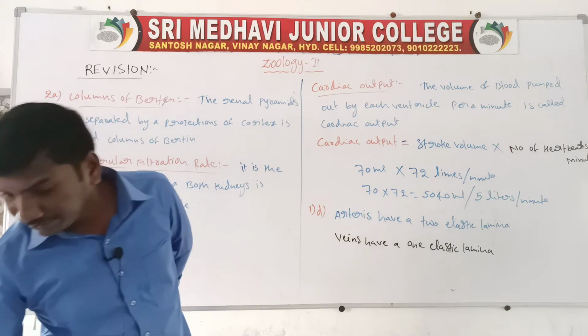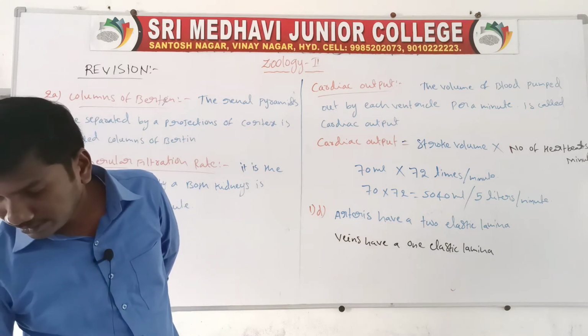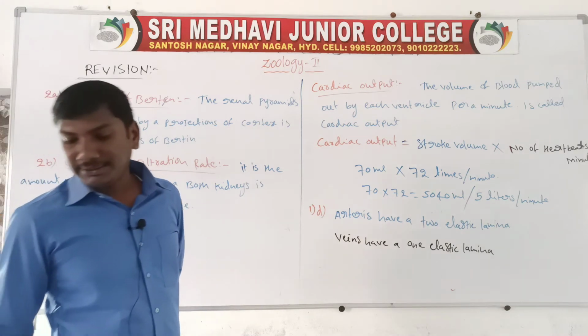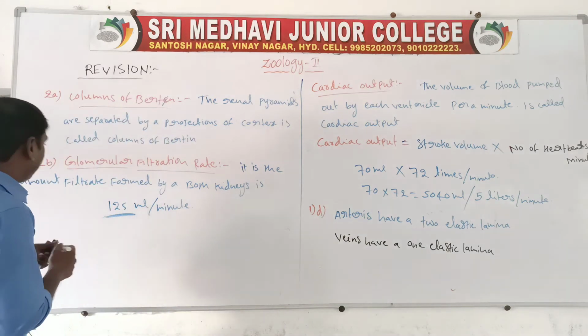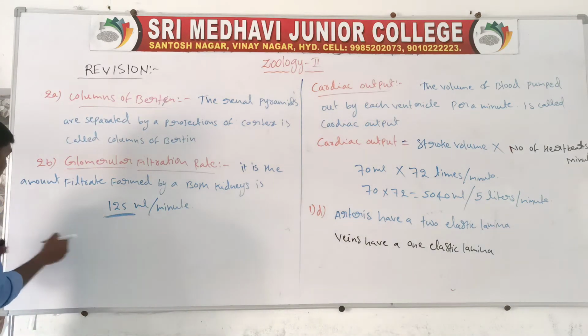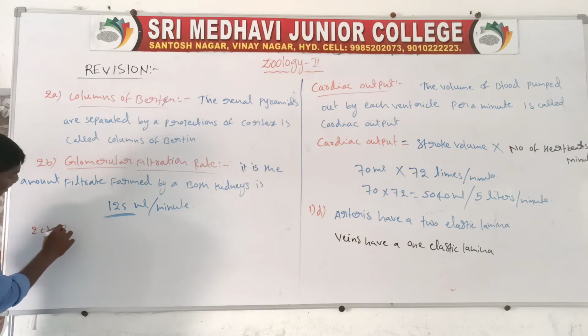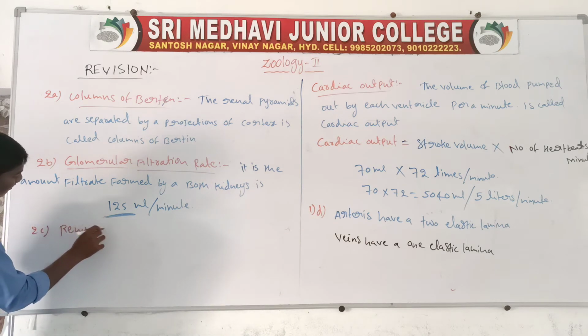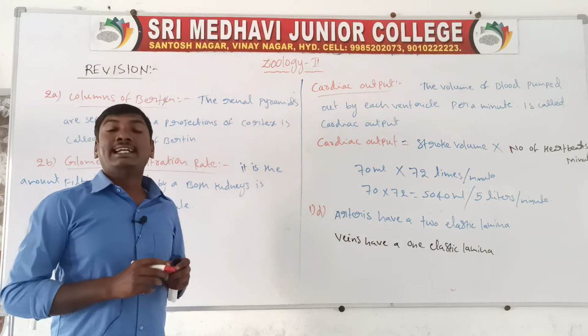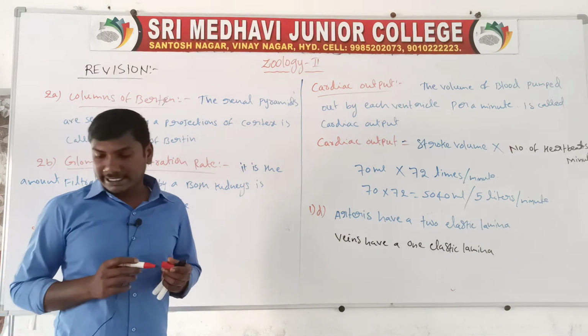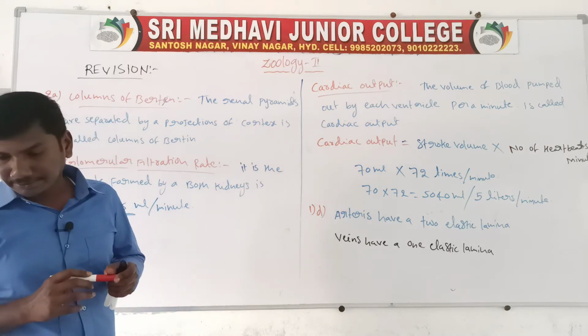Next question. Enzymes renin and rennin. First one, renin. It is secreted by the JG cells, the juxtaglomerular cells.